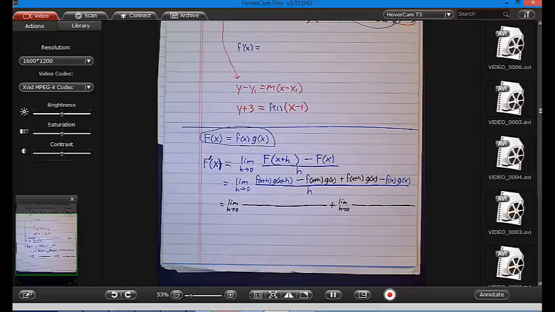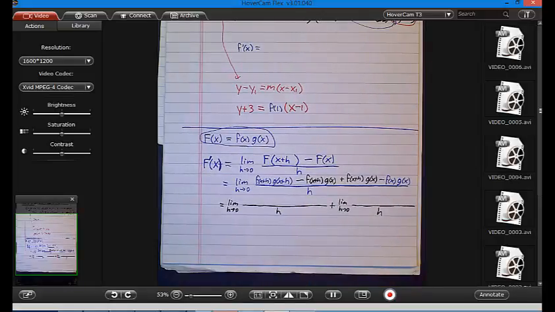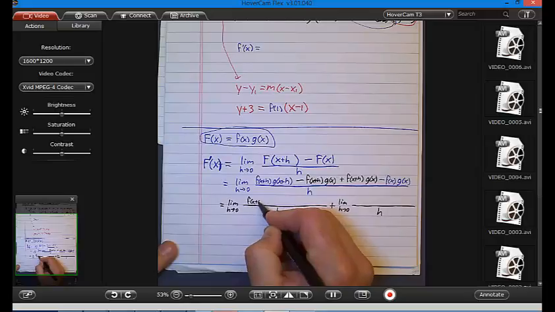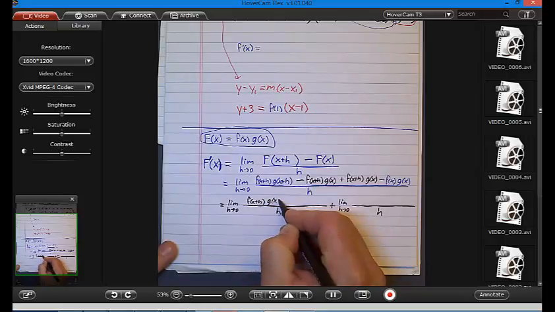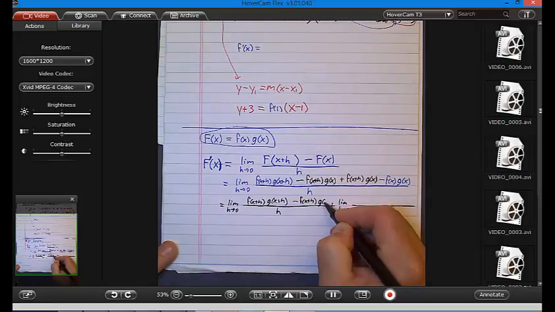Both fractions will have what as their denominator? H. When you add fractions with the same denominator, you get the same denominator. Okay? And so what I get for the first fraction, I have little f of x plus h times little g of x plus h minus little f of x plus h times little g of x.